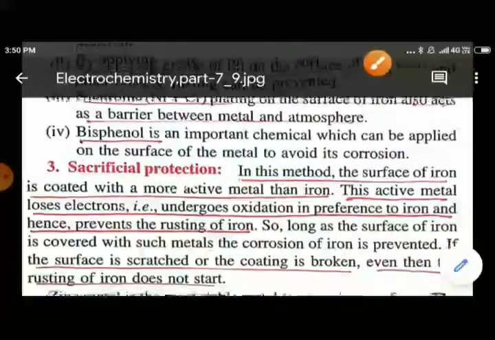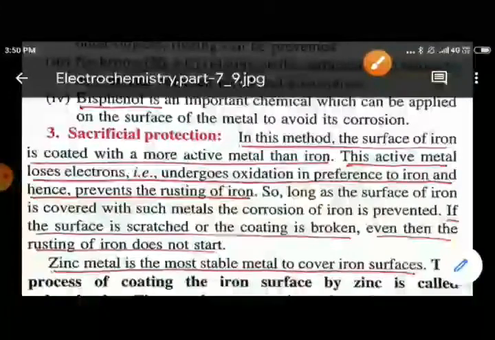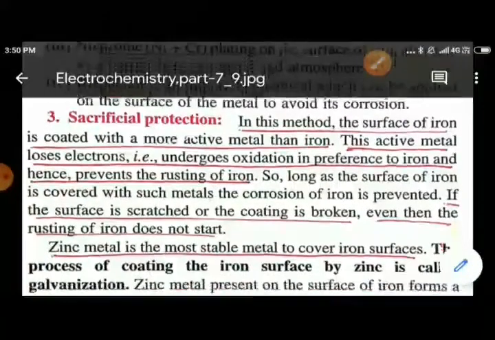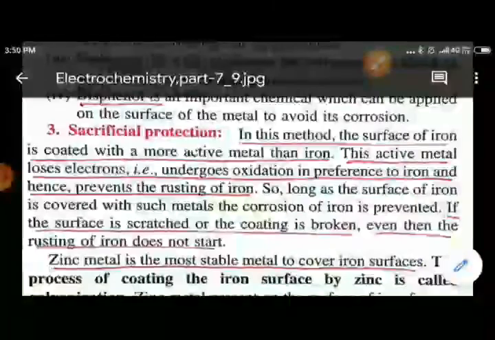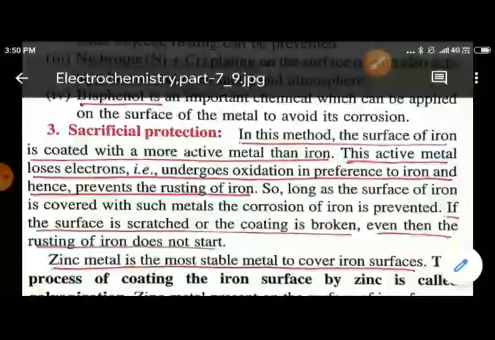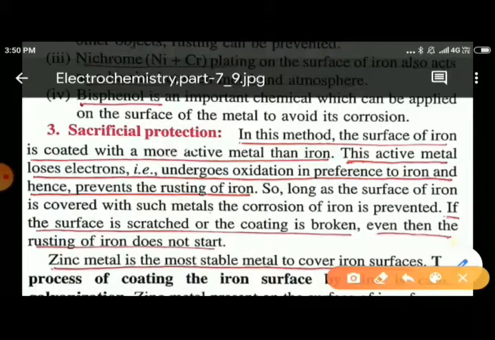Next point is sacrificial protection. In this case, the coating of a less reactive metal with a more reactive metal takes place. In this method, the surface of iron is coated with a metal more active than iron.